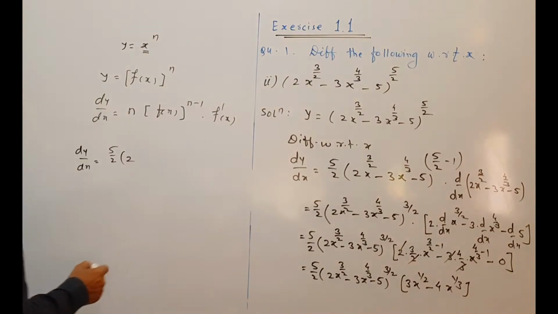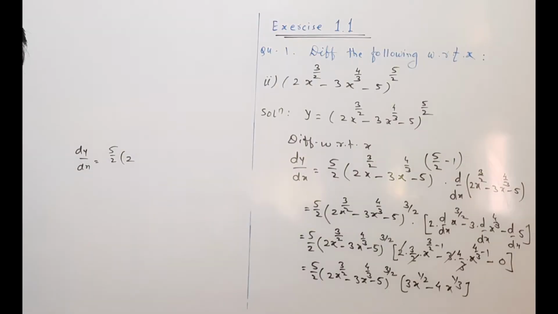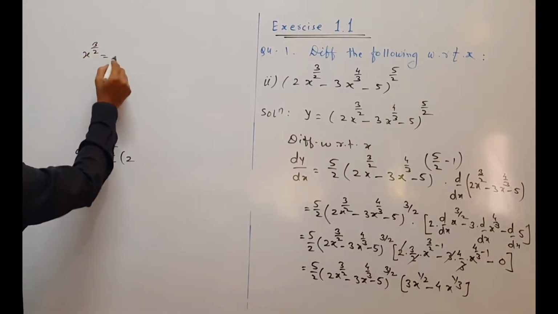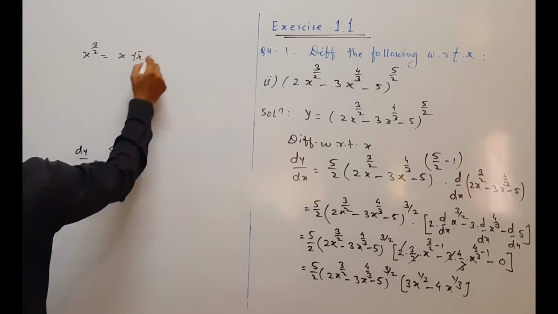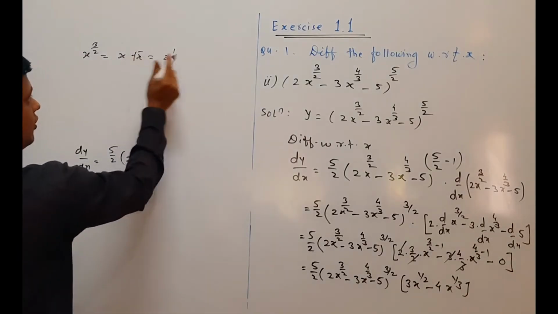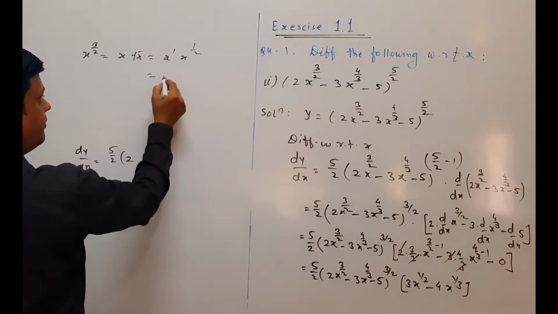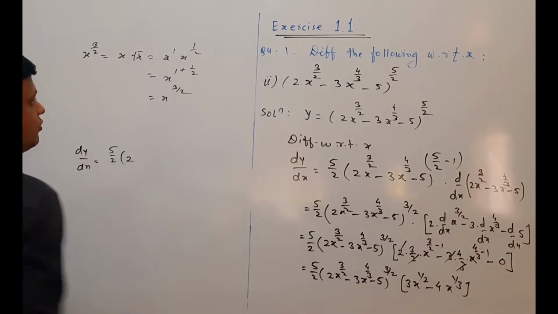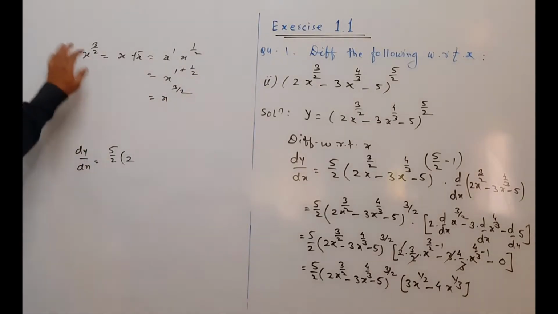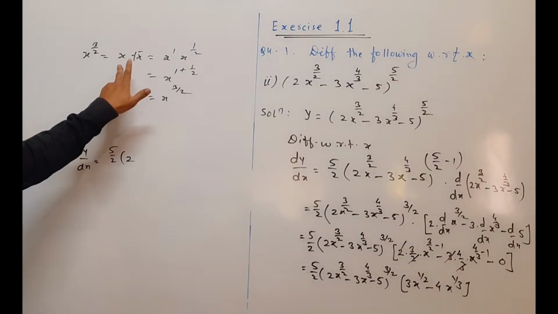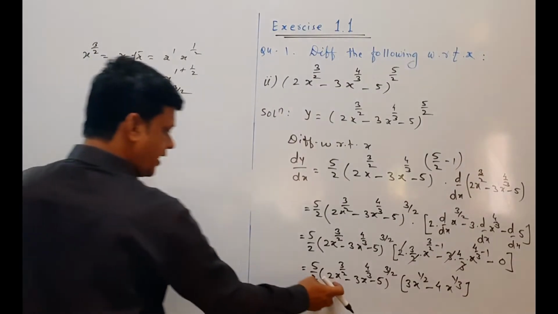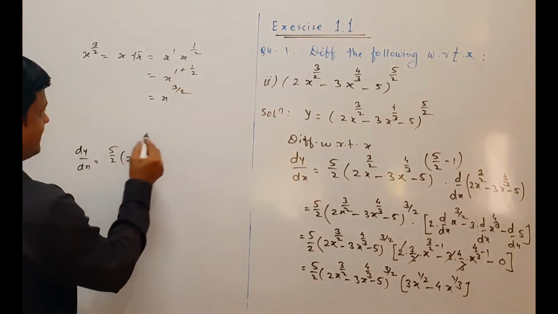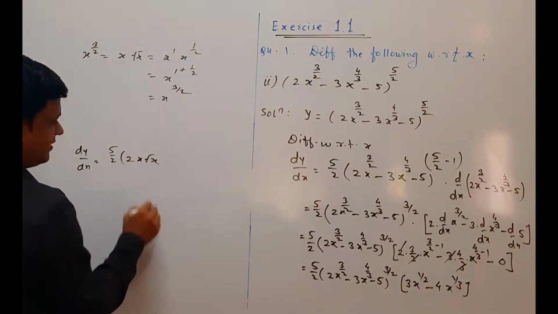So we write first here this x raised to the power 3 by 2, we write x root x because x power is 1, root power is 1 by 2. If we add the power 1 plus 1 by 2, we get x raised to the power 3 by 2. So we write this x raised to the power 3 by 2 as x root x.